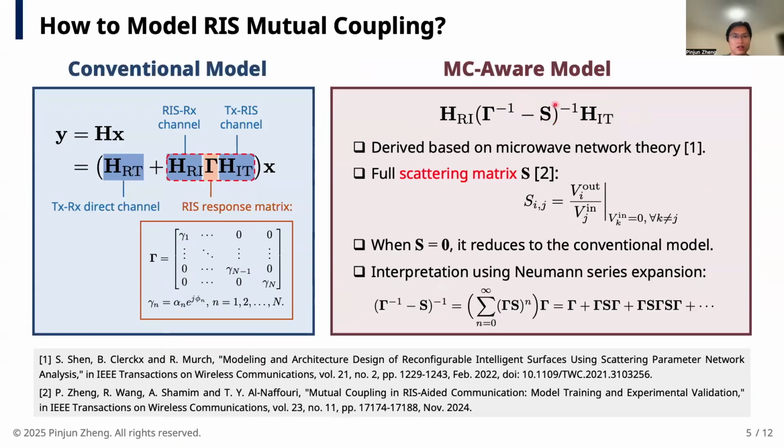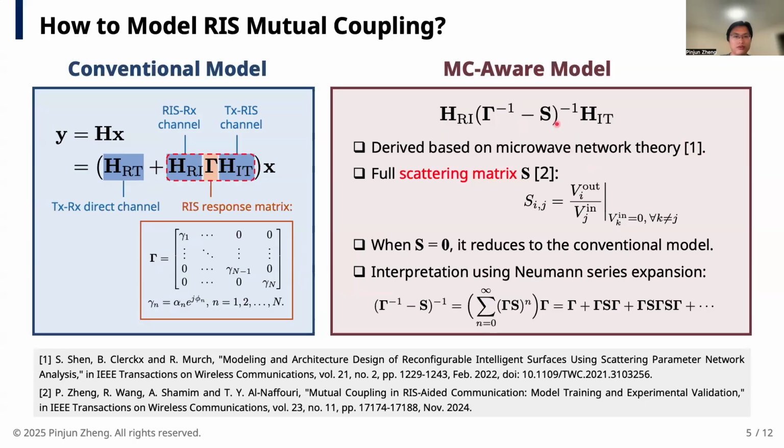This is a model that we derived based on microwave network theory. In this video, I don't want to go into too many mathematical details. If you're interested in how we derive this model and why it looks like this, maybe you can read reference one for some clues. Here we just simply use it.